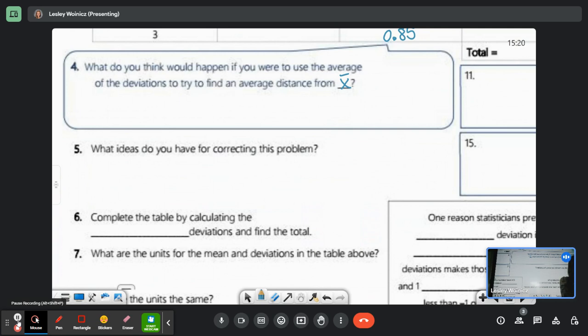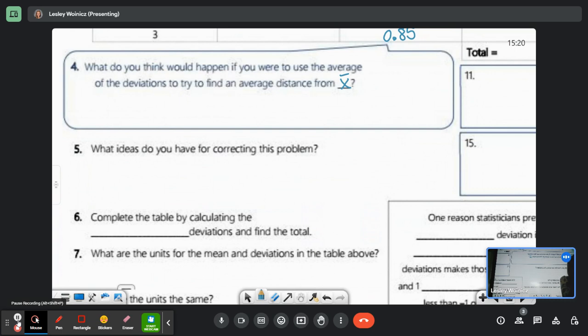Do you remember what that crazy formula looks like that we did in algebra? The quadratic formula, a squared minus 4ac. It kind of looks like the quadratic formula a little bit because it has a square root in it. What do you think we had to do to get rid of negatives?